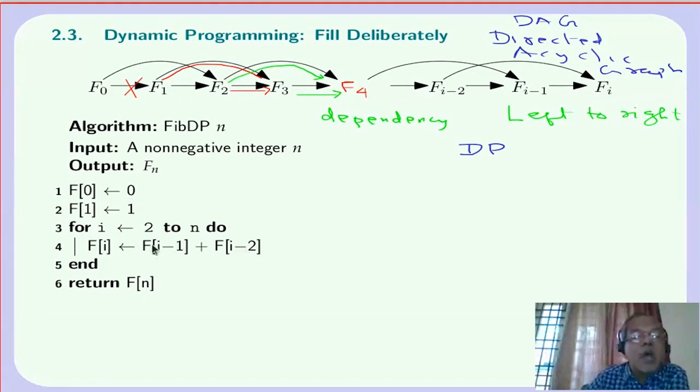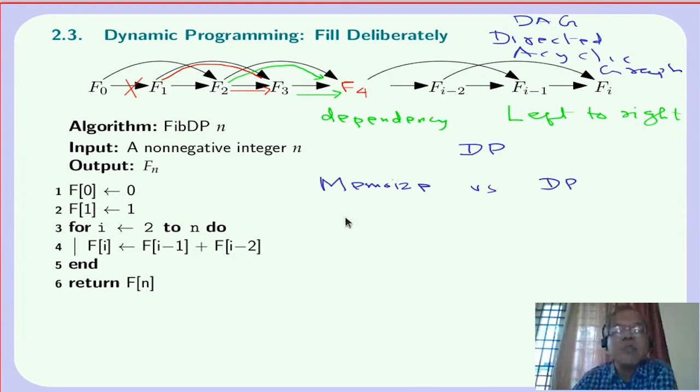Since we have already solved f of i minus 1 and f of i minus 2, it is possible to calculate f of i. When we are done with that, return f of n. What is the difference between this memoization versus DP?